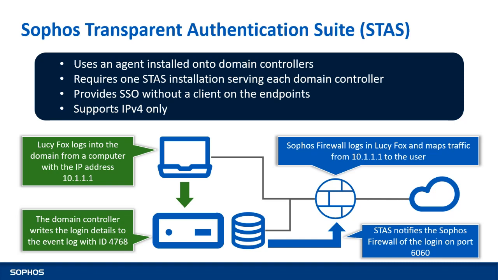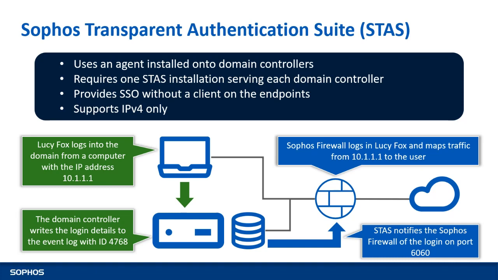Okay, so it employs an agent on the Microsoft Active Directory domain controller or a member server that monitors and stores authentication activity and sends authentication information to the firewall. There must be an STAS installation serving all domain controllers to ensure that all logon events can be monitored.